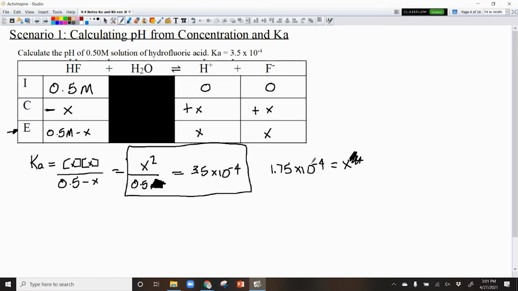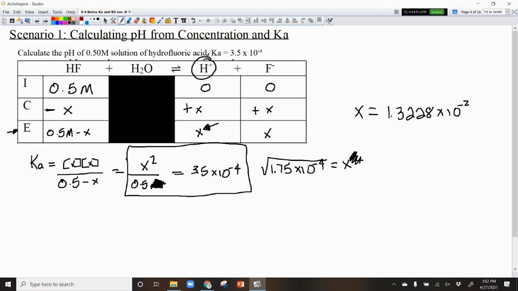Now to get rid of this, we're just going to take the square root of this. Okay, and so that's going to leave X is equal to 1.3228 times 10 to the negative 2. All right, so that's X right here, same X. So this is our hydrogen ion concentration.